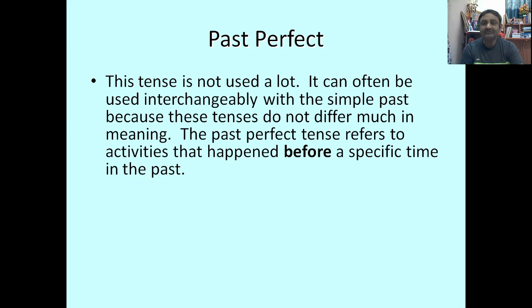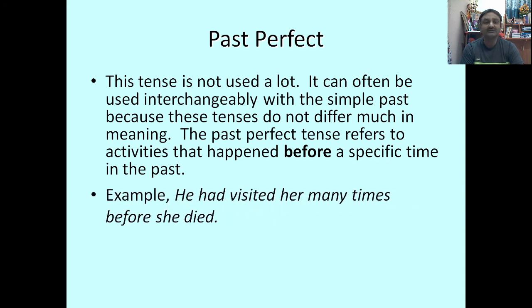The past perfect tense refers to activities that happened before a specific time in the past. Examples: he had visited her many times before she died. The form is had plus past participle.